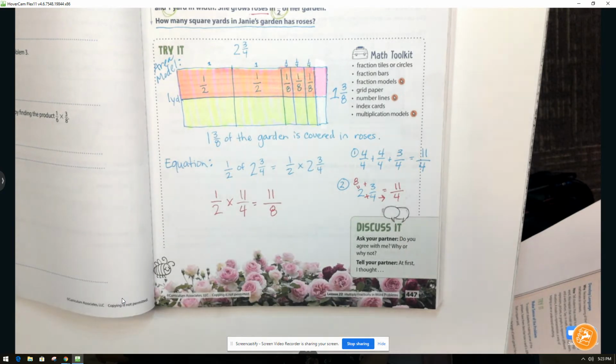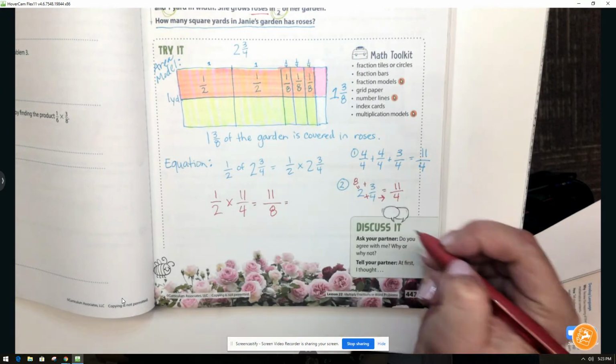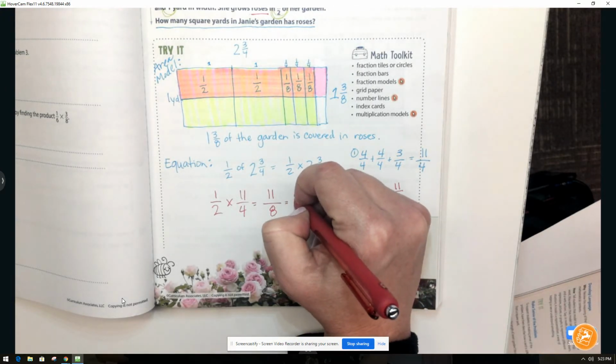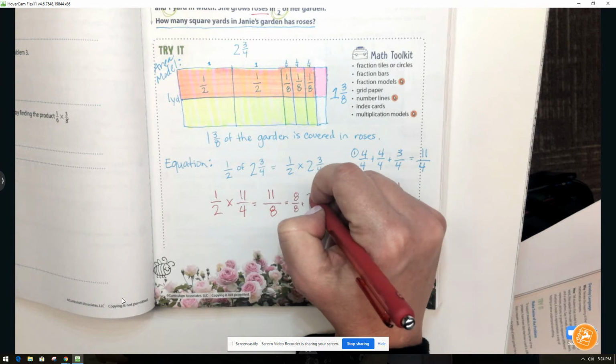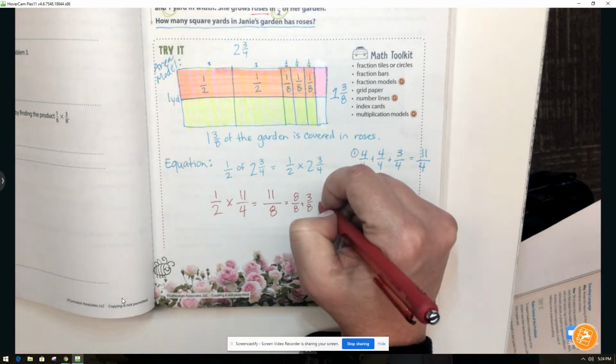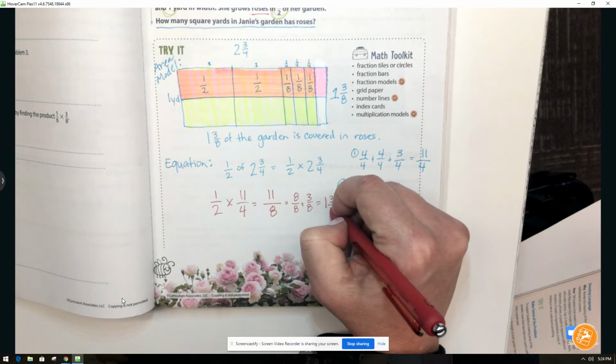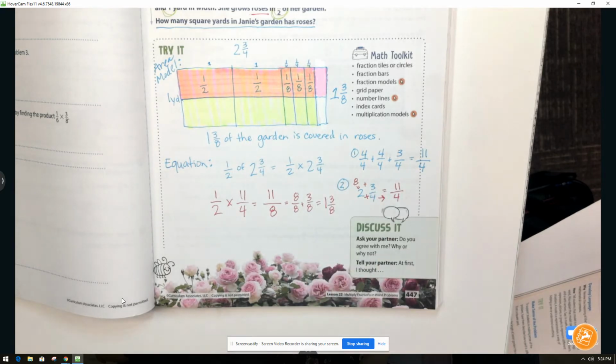Now, the only funny part is we did all that work to make that mixed number into an improper fraction, and now we're going to take that improper fraction and make it right back into a mixed number. So we change this back into 8/8 plus 3/8, which equals 1 3/8. So there's a lot of converting.